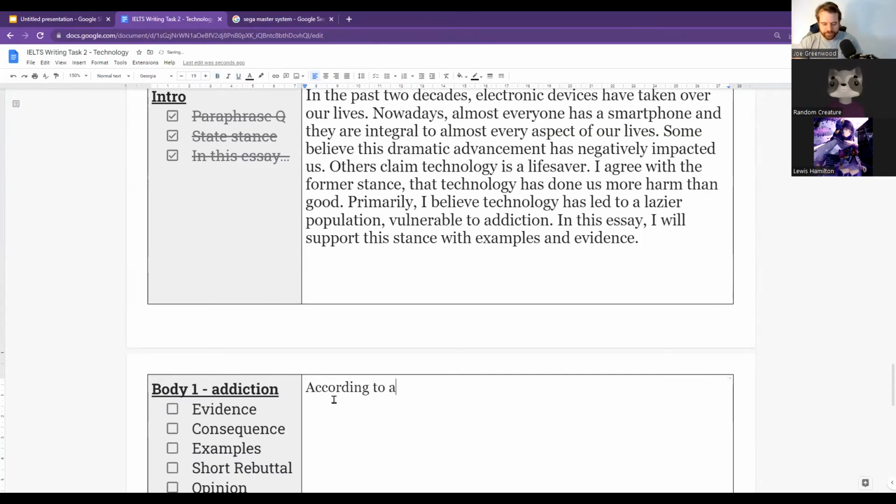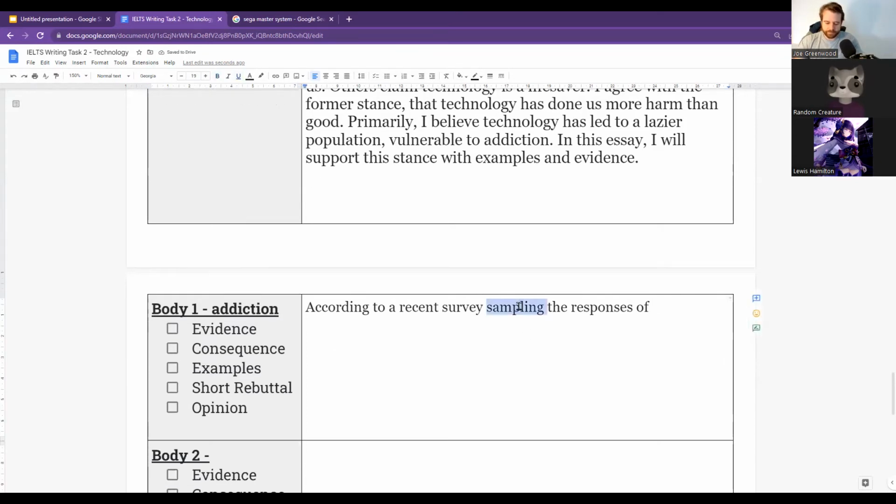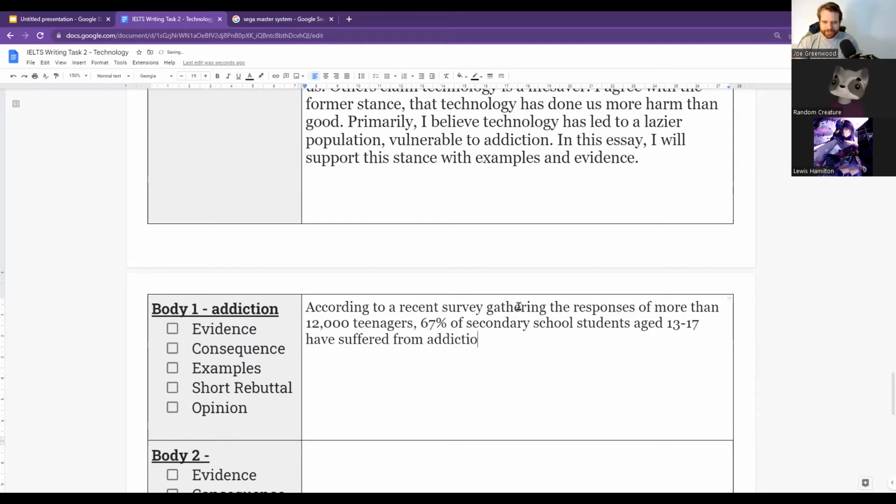Okay, according to a recent survey gathering the responses of more than 12,000 teenagers, 67% of secondary school students aged 13 to 17 have suffered from addiction to technology. Right?